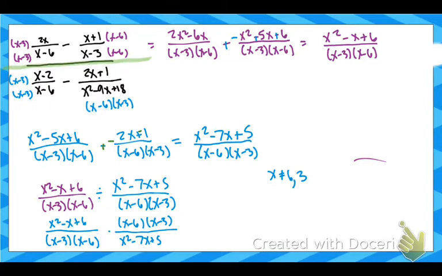Also, I can't remember off the top of my head, I don't think this gives you real values, and if it's not real, we don't need to include it. All right, so now x minus 3 cancels, x minus 6 cancels. So I'm left with x squared minus x plus 6 over x squared minus 7x plus 5, and x is not equal to 6 or 3.